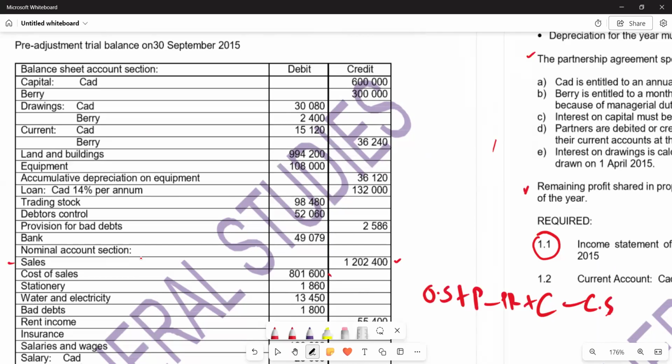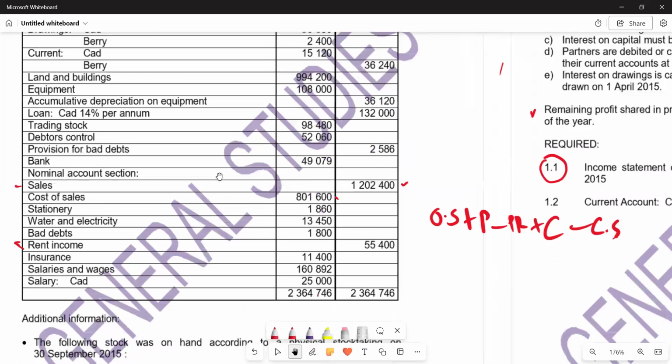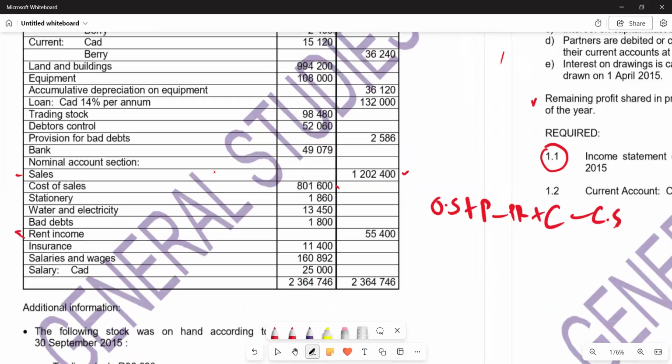If you go down, you'll see that we are having rent income here, and the amount that is given in this pre-adjustment trial balance is 55,400. That's the amount for rent.